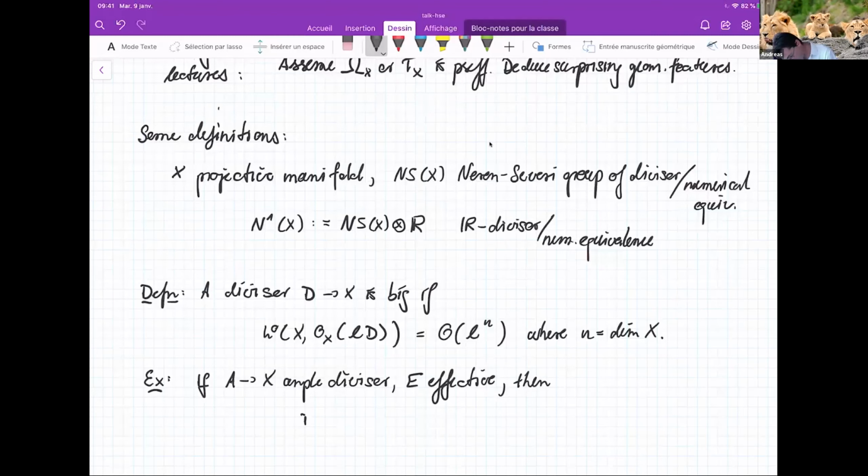Okay, this is big. So this gives you a standard example of what a big divisor is.